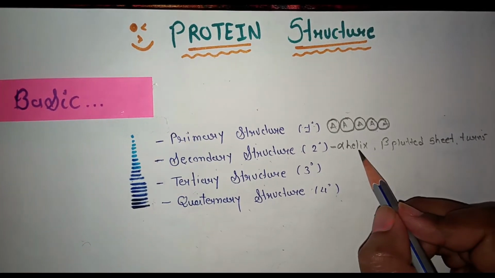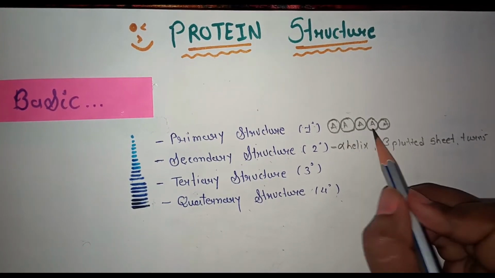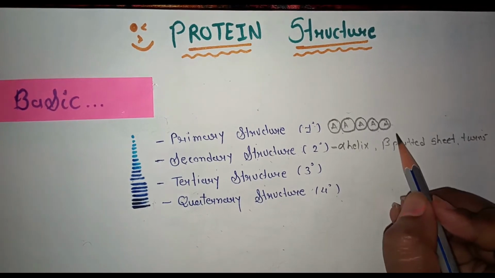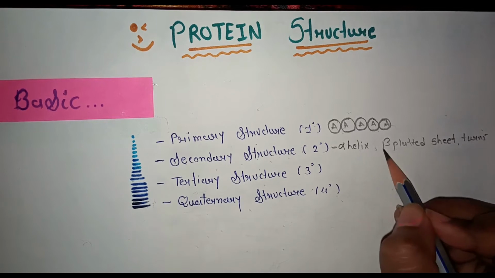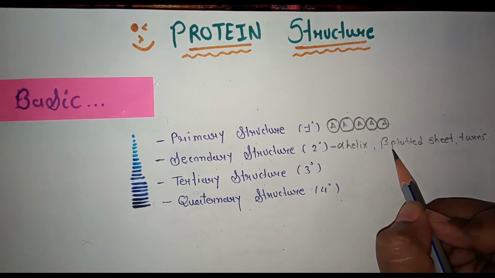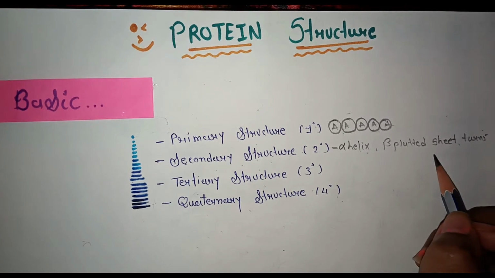In the secondary structure, the primary structure, or polypeptide chain, will coil and make helical, pleated sheet or turn-like structures.